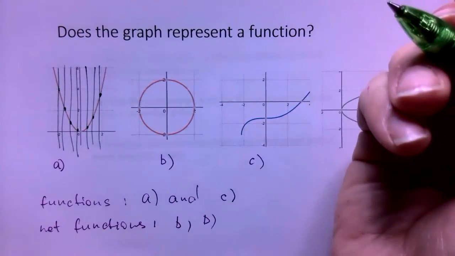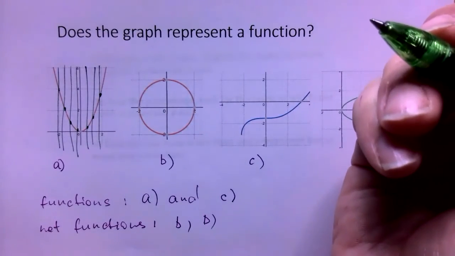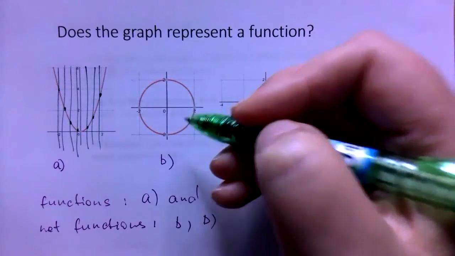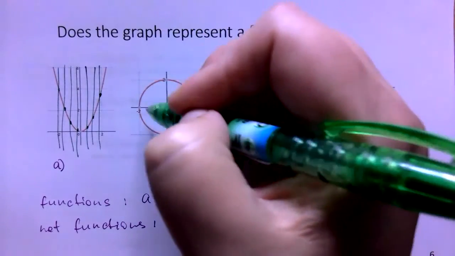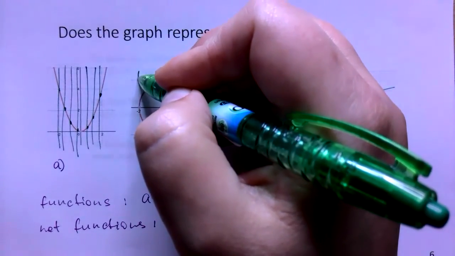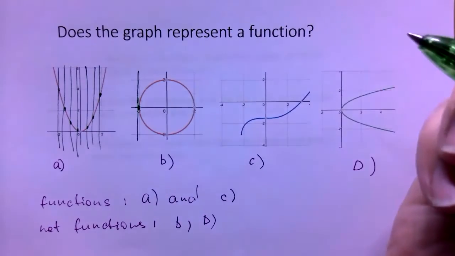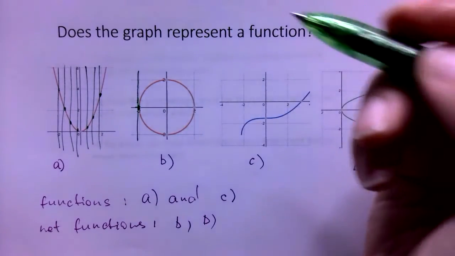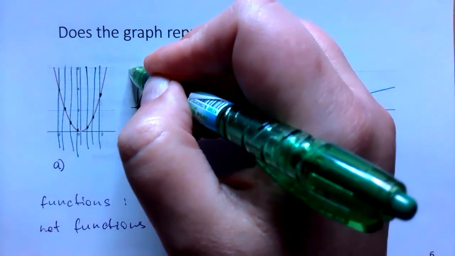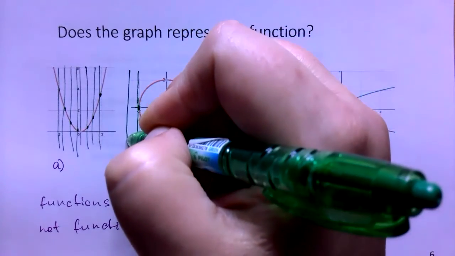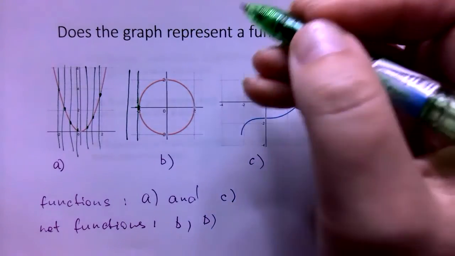And that's our definition for the vertical line test. Now for a circle, some lines will hit your circle only once, like, for example, here, it will touch your graph only once. And if we draw a line even further to the left, it doesn't hit it at all.